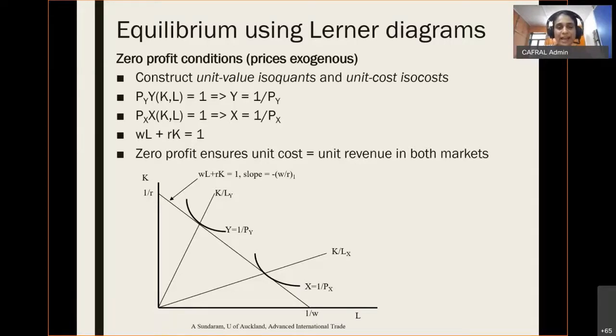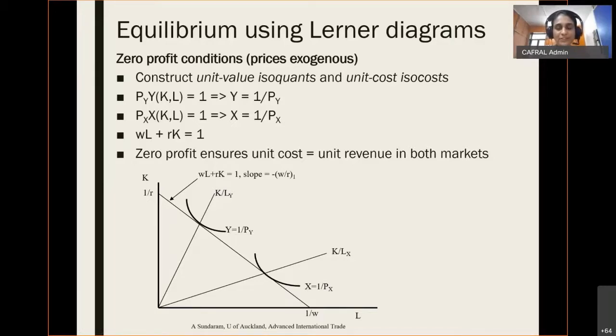You typically have what you call an isoquant, right? And once you have the isoquant for a particular industry, it gives you the different combinations of labor and capital you would need to produce a certain amount of output. That's what the isoquant gives you.